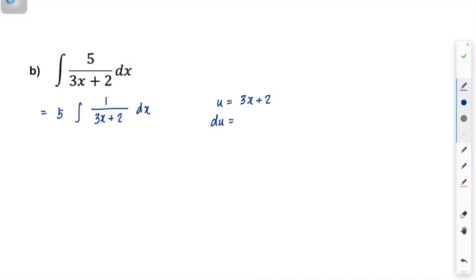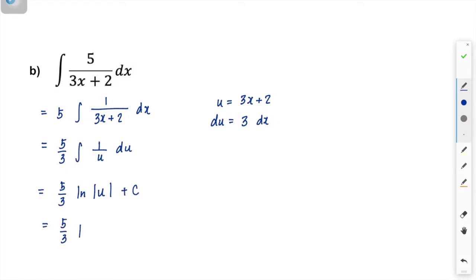Differentiating this, I get du equals 3 dx, or dx is 1/3 du. So here I can have 5 over 3 times the integral of 1 over u du, which gives me 5 over 3 ln absolute value of u plus c. Back substituting, I have the following.